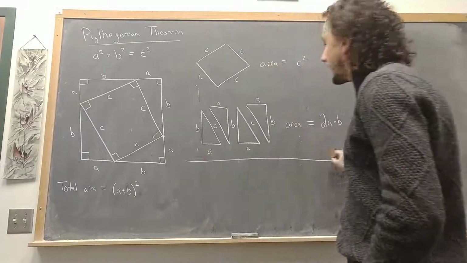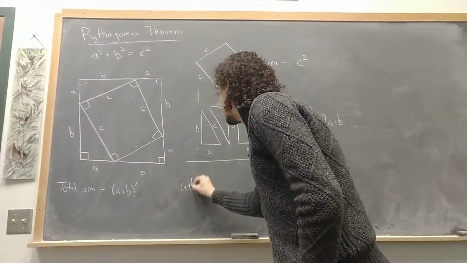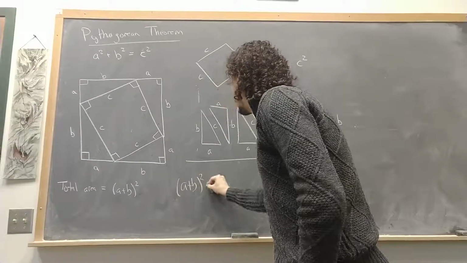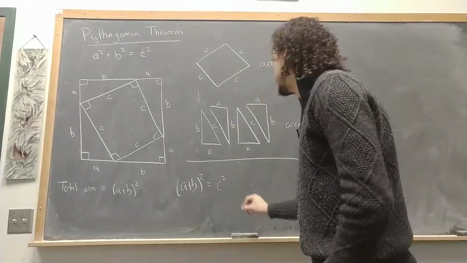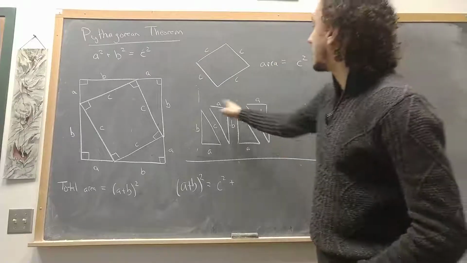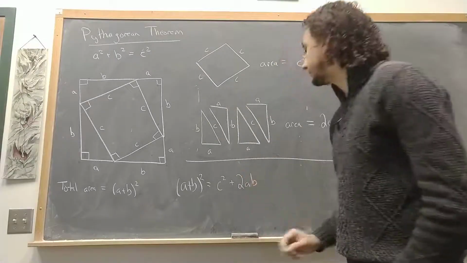Now if we put all this together, what we get is that the total area of this whole figure, A plus B squared, is equal to the area of the inside square, that's C squared, plus the area of the 4 triangles put together, which is 2AB.